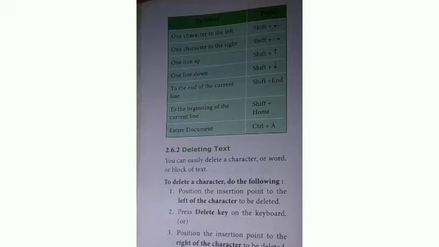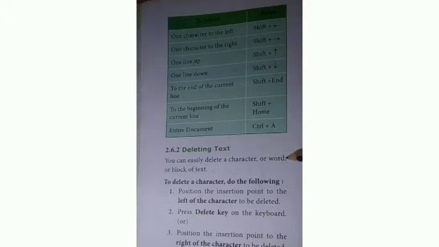If we want to select one character to the left, we can use shift plus left arrow. For example, the word D is the last letter. If you want to select the letter D, you have to use the key combination shift plus left arrow.